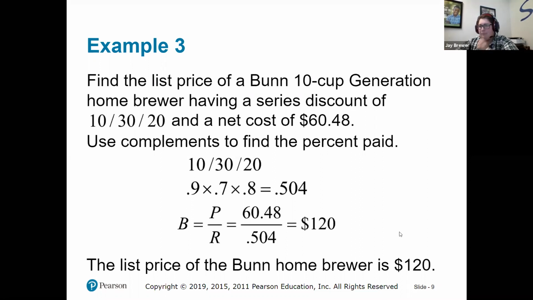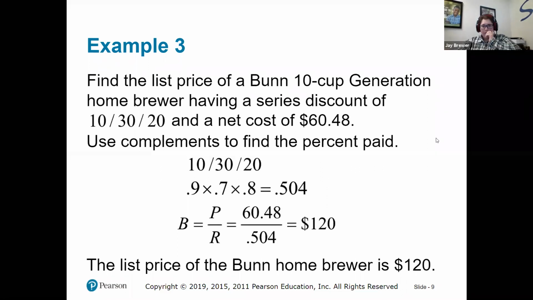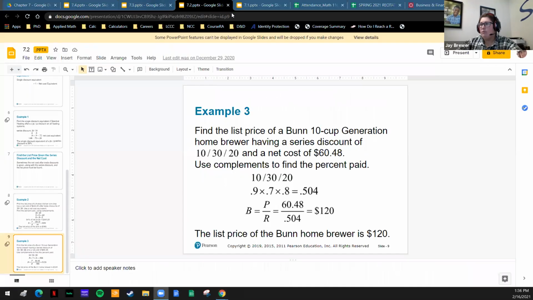Okay. Oh, and that's it. Okay. Make sure you have this example written down, or at least one of them. And we can go ahead and go to 7.3.